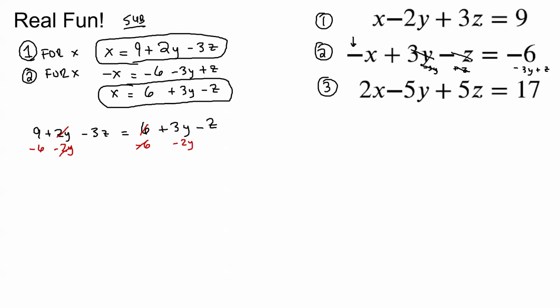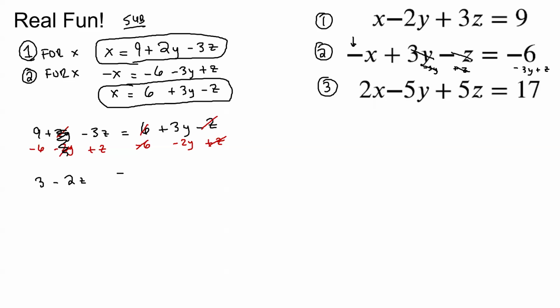And no, it's not the only way to do it, but this will work. And then I'm going to add z like that to both sides. Let's see where that gets us and what we can do with that. 9 minus 6 would be 3. These canceled. I got negative 3z plus z. That would be a minus 2z.